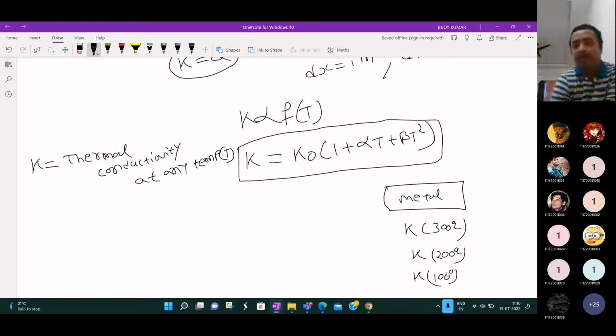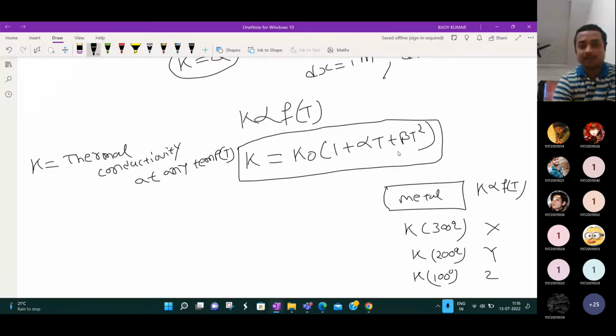What will be the value of thermal conductivity? It will change. It will have some X value, some Y value, some Z value. Why? Because thermal conductivity is a function of temperature. If the temperature changes, thermal conductivity will change. So what is the value according to that temperature?